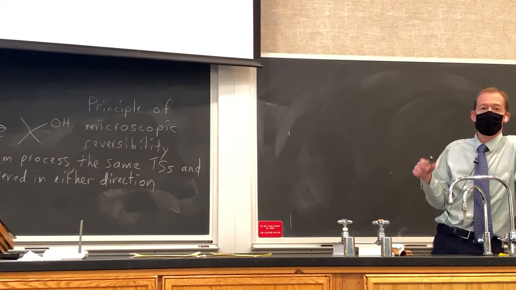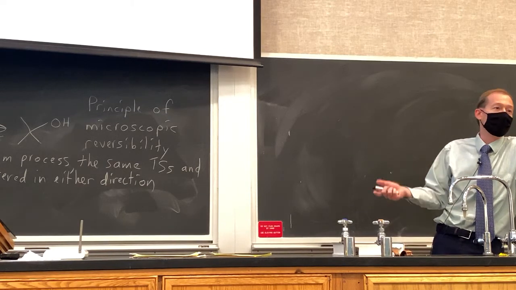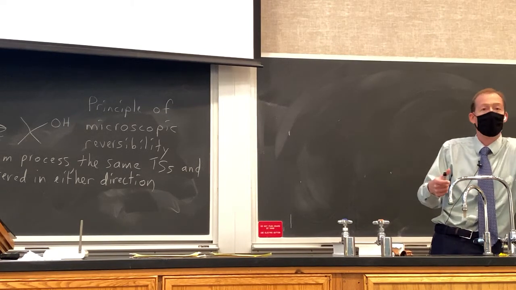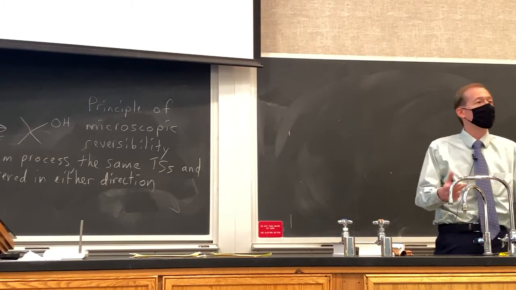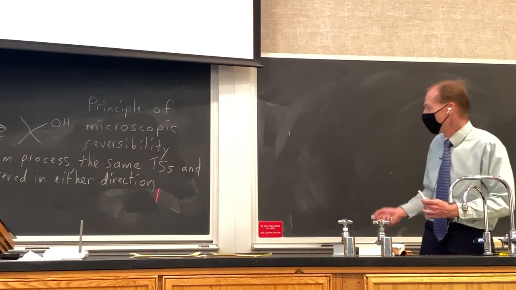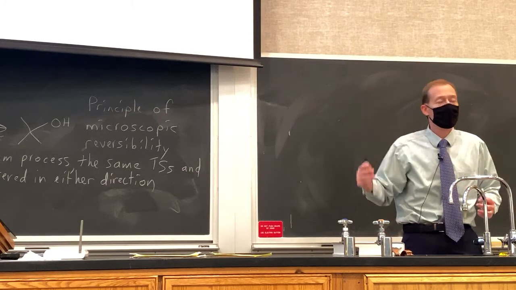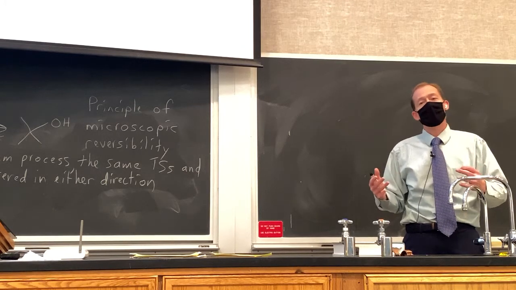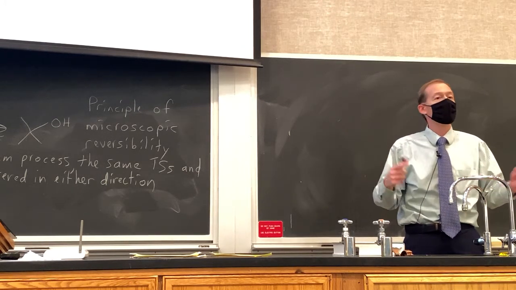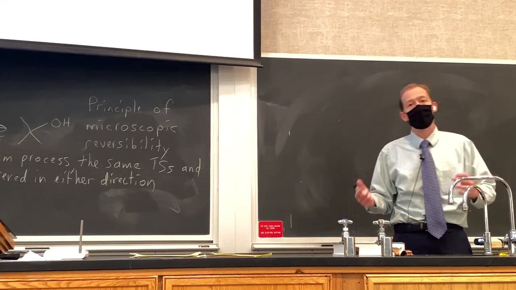And no matter which direction you ride it, you encounter the same peaks and valleys. You just encounter them in the opposite order. That's what happens in an equilibrium reaction or a reversible reaction. Your transition states are the peaks. The intermediates are the valleys. And they're going to be the same. You will just encounter them in the opposite order depending on which way you're going in the reaction.